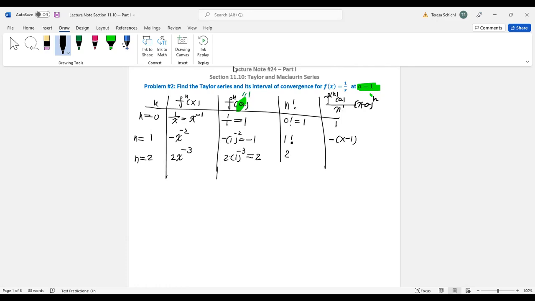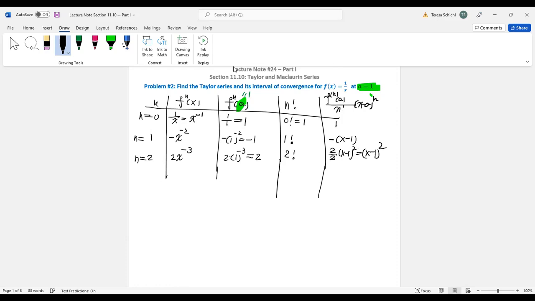And my factorial here is 2 factorial, so 2 factorial and 2 are the same. That's why here I'm going to have f of a over n factorial equal to 2 over 2, then x minus 1 to the square.